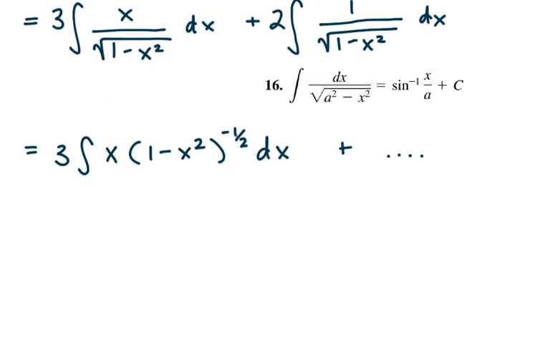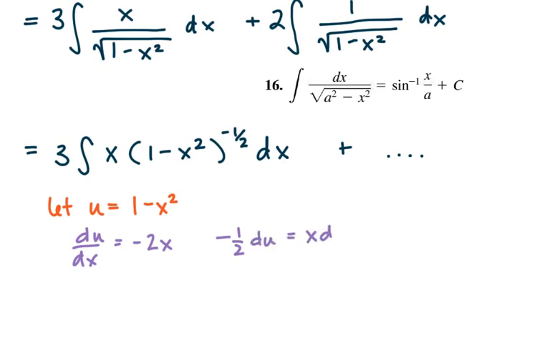Now, here we'll use a u substitution. I'll say let u equal 1 minus x squared. And that gives me that the derivative of u with respect to x is negative 2x. And that can be manipulated to give me negative 1/2 du equals x dx. So I see my x dx, and I see my u value in there, 1 minus x squared.